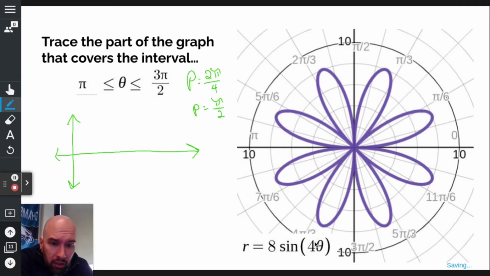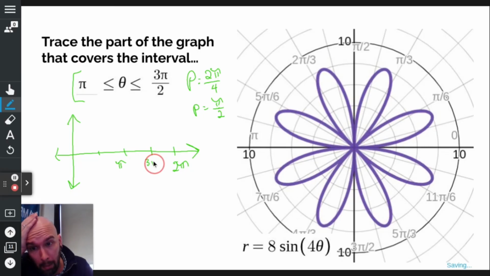So whatever this does is going to repeat 4 times every 2 pi, or every half pi. Now, I only care about the stuff that happens between pi and 3 pi over 2.